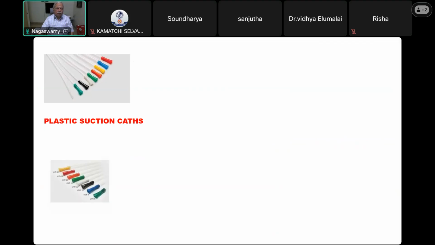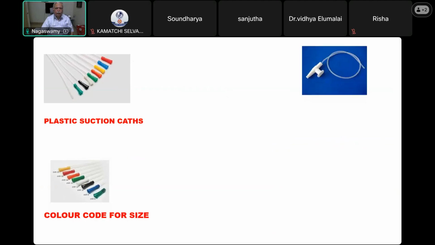These are all plastic suction catheters, color coded, of various sizes. And what is this? Suction catheter, the same catheter, but with a valve to control. You can apply your thumb to prevent suction while you introduce it.